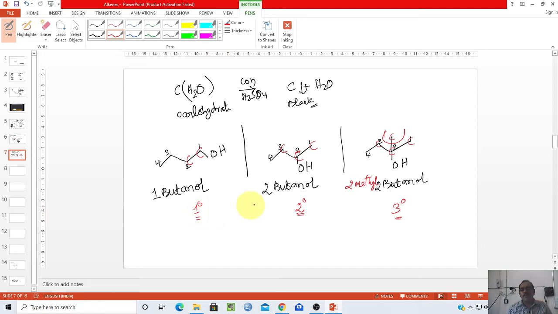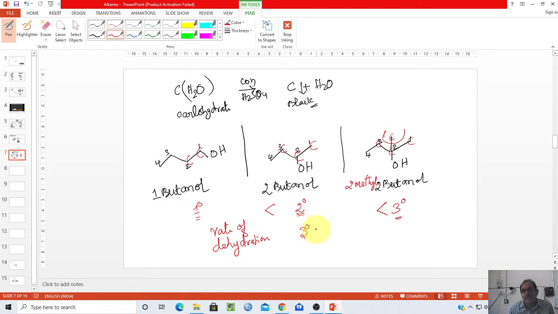So why are we telling this? See the reaction, dehydration reaction of tertiary alcohol. It is faster than the secondary alcohol. Secondary alcohol is faster than the primary alcohol. That is the rate of the reaction. The rate of dehydration fastness is like this.